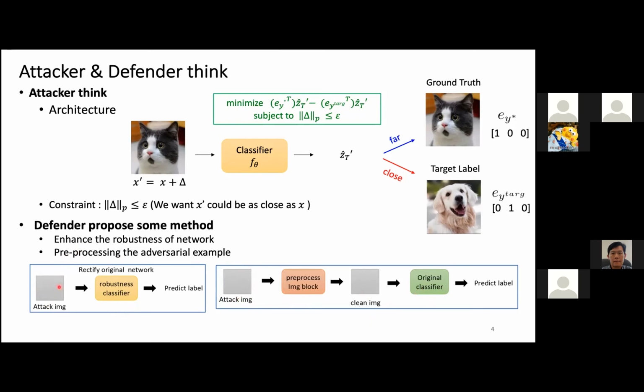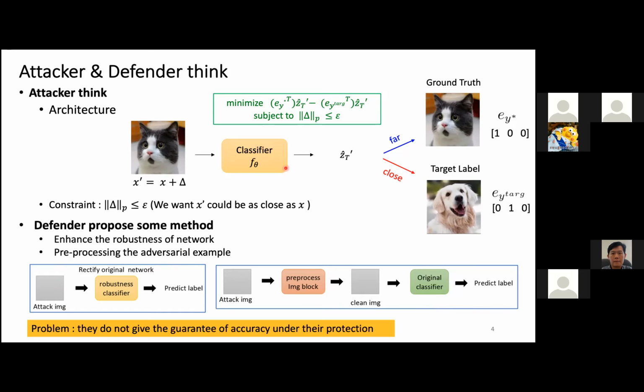Although these two methods can protect the machine, there is a problem. That is, these methods do not give you a guarantee of the accuracy under their protection. So if today an attacker wants to hit this network, we still don't know the accuracy of the network under these protections.